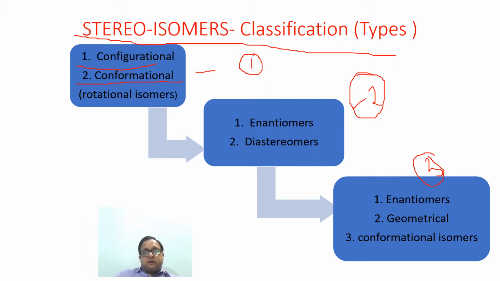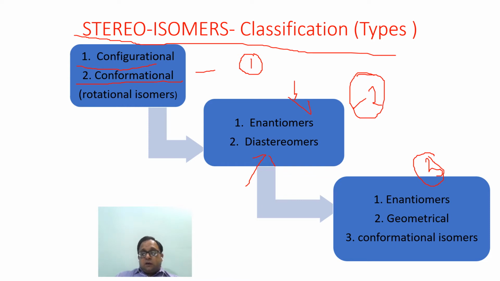The second system says just divide them into enantiomers and diastereomers. As we know, enantiomers are the stereoisomers that are mirror images of each other, but diastereomers are not mirror images of each other.